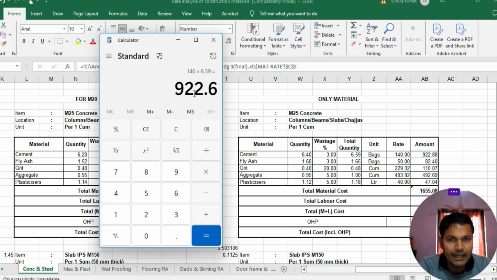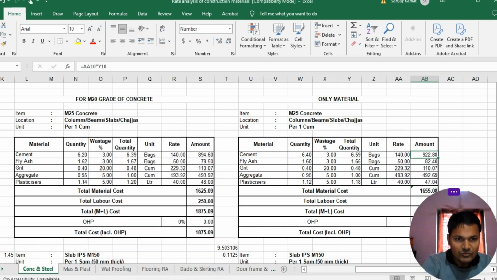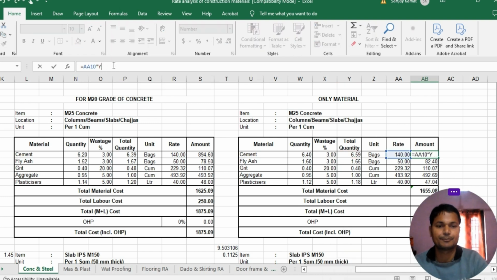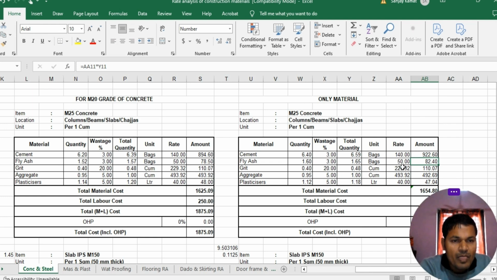If you do, how much will it come? 922.6. It should be 922.6 only, not the other value, so we edit this. Okay, so this much only. So we will not do this now.